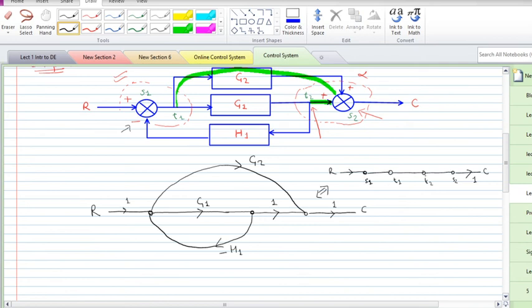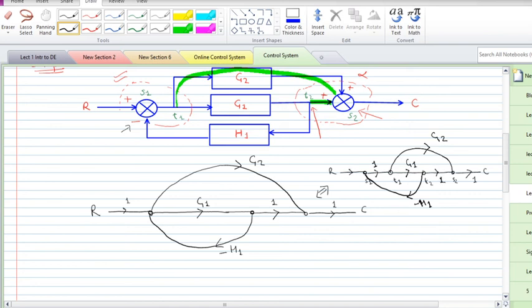Now from T2 to S1, there will be a transmittance path with minus H1, and from T1 to S2, you have to draw it like this with G2, and this is to be considered as G1, and this is to be considered as magnitude 1.